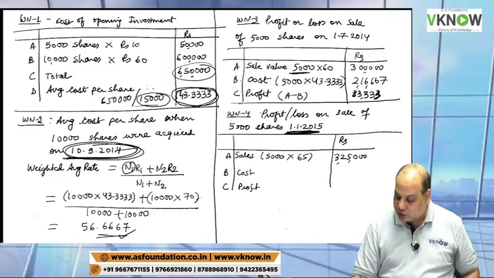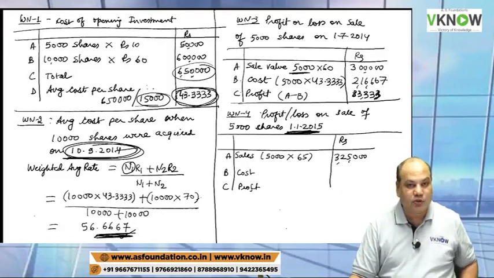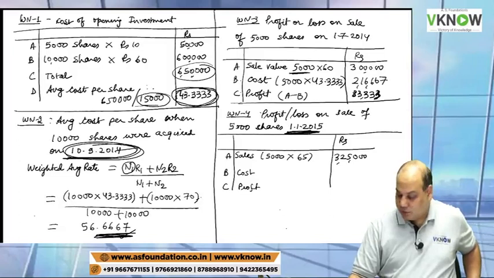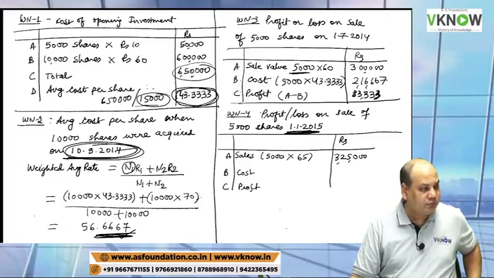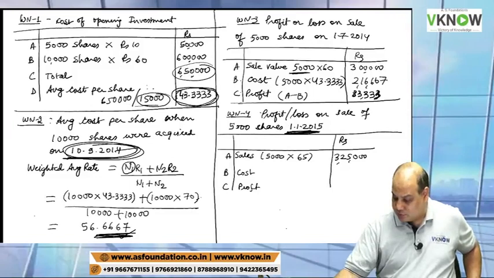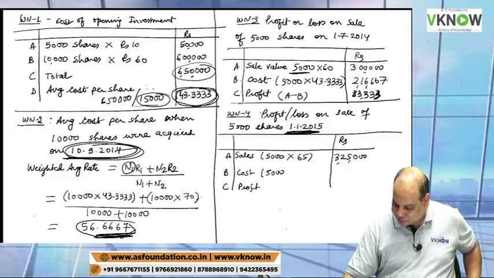So on the date of sale, the average cost is 56.6667. So I will take this cost now.